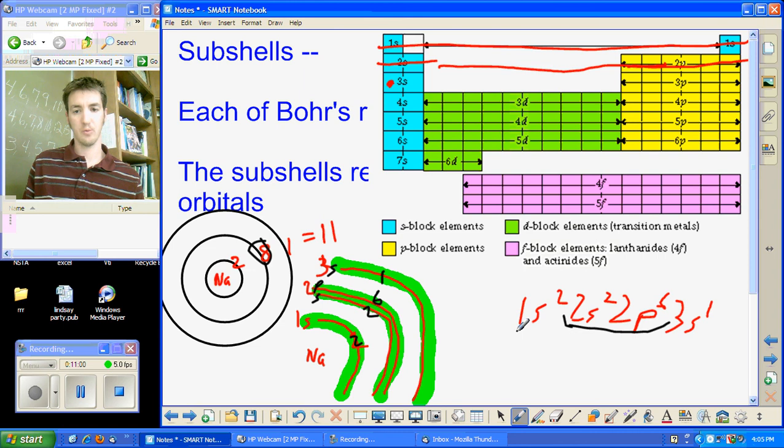So with these, that first big number, that's the period number. That letter, that is the subshell. Or you can call it the orbital, or you could call it the block, like this is the S block.